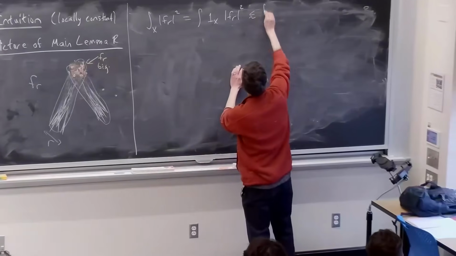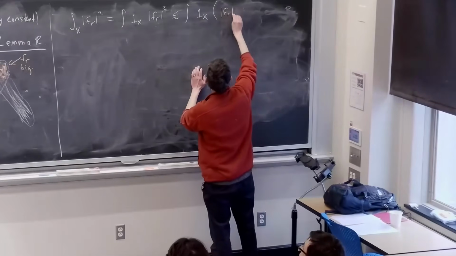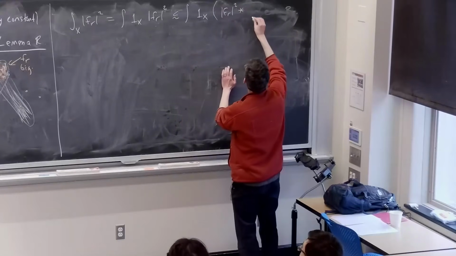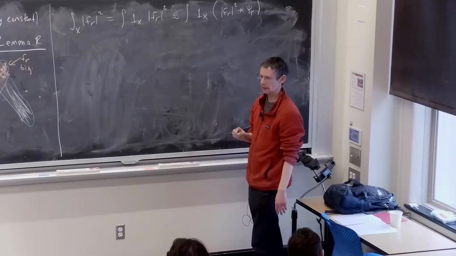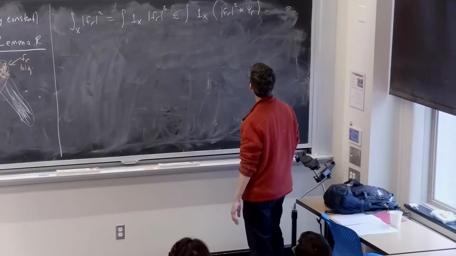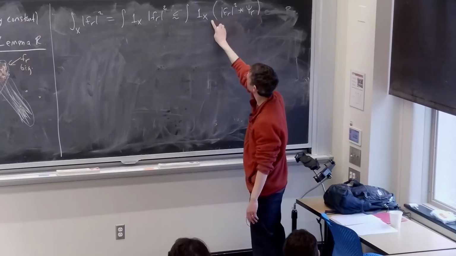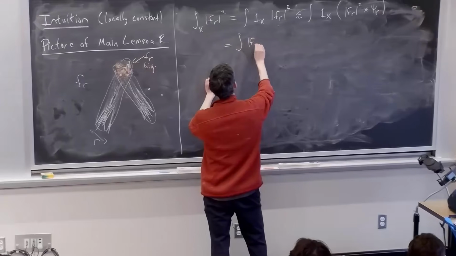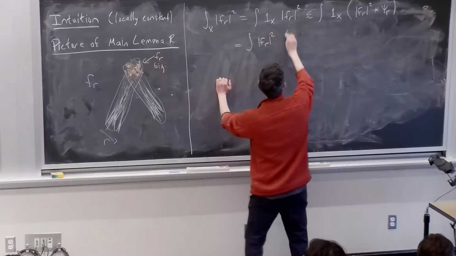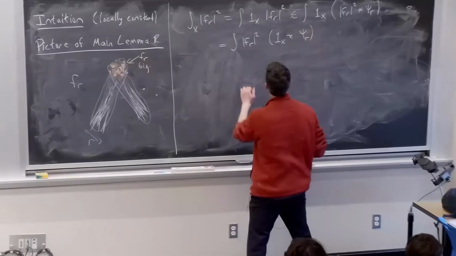So this is bounded by the integral of 1x times fr squared convolved with CR. And if you write out what this is and do Fubini, this is the same as the integral of fr squared times the characteristic function of x convolved with CR.